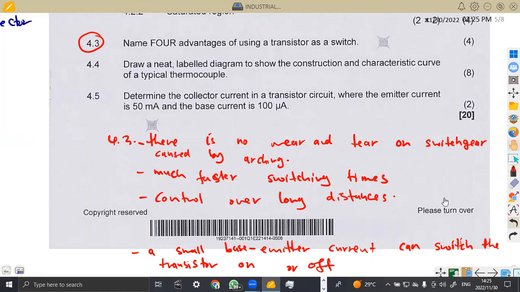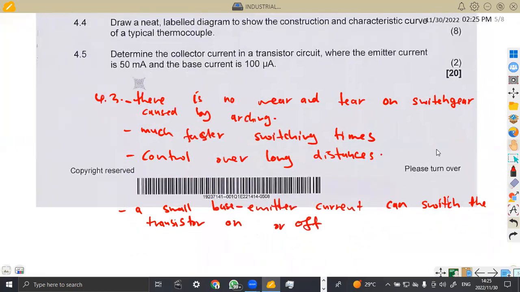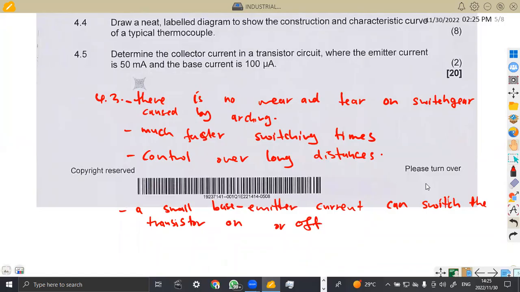So that's an advantage, guys. We just need a very, very small base emitter current just to turn on the transistor. We do not need those currents, this and that. It's not required, so I'm just going to remove this part. Then we follow the next question.